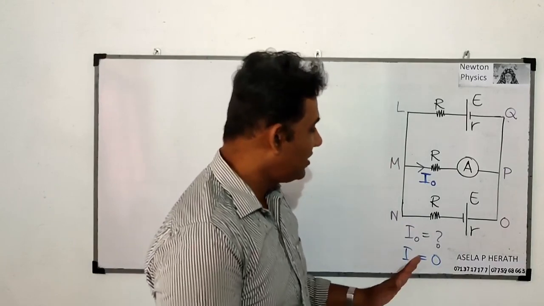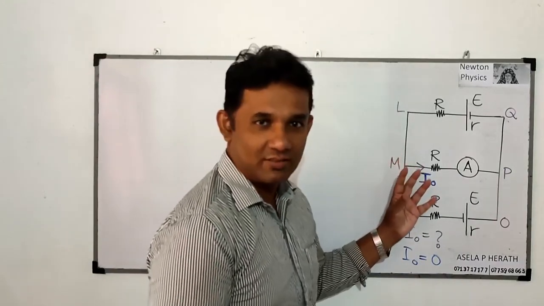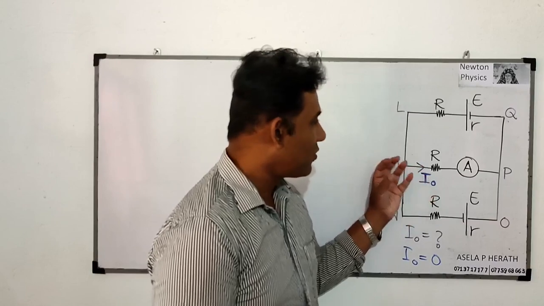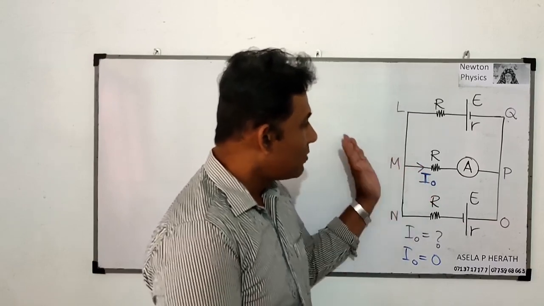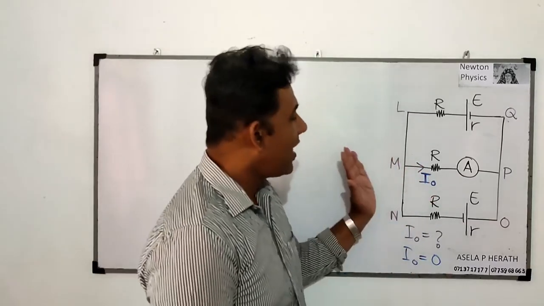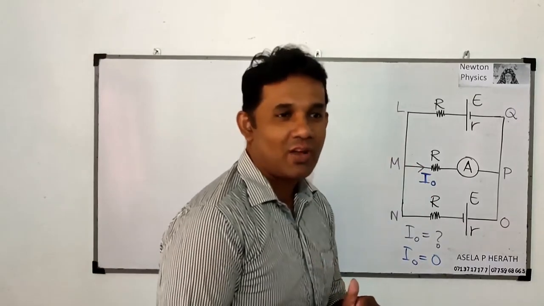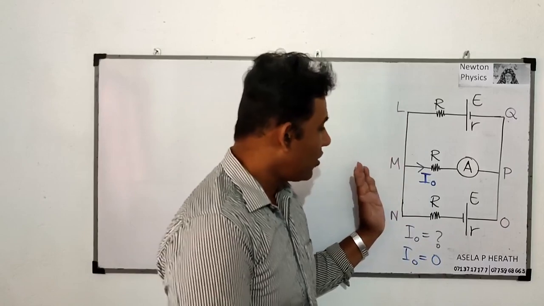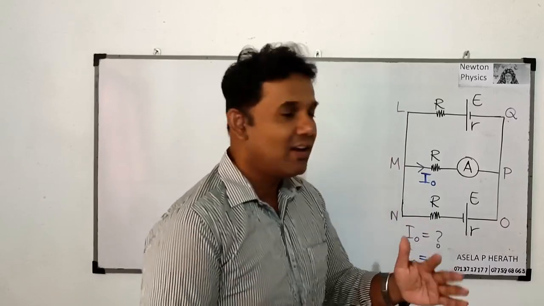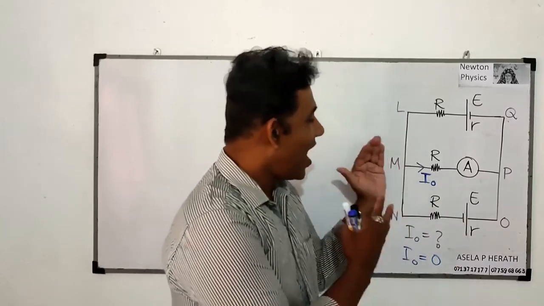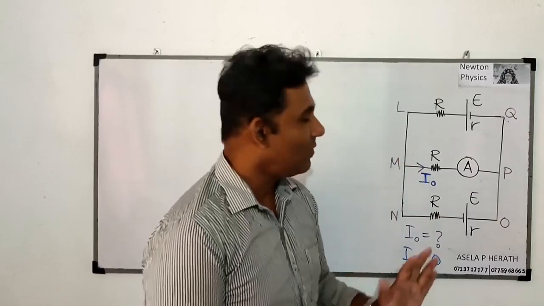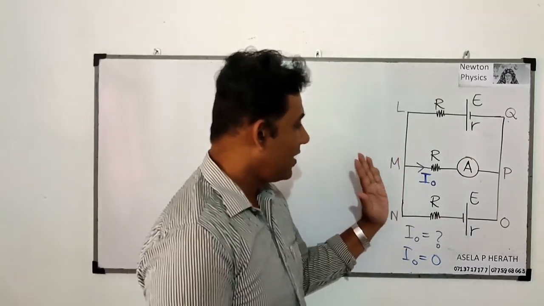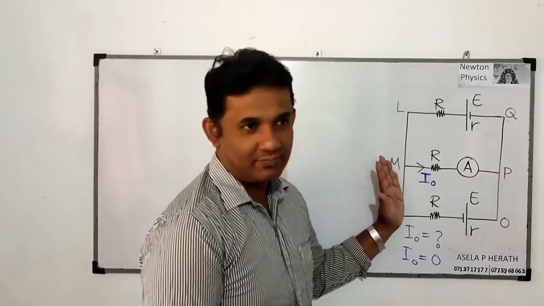If you do not believe it, then I can prove it. Clearly, when I observe the circuit, I directly take I0 as 0. I can do it in 5 seconds. If you are not trusting it, then I will prove that I0 becomes 0. Now here I need Kirchhoff's laws.